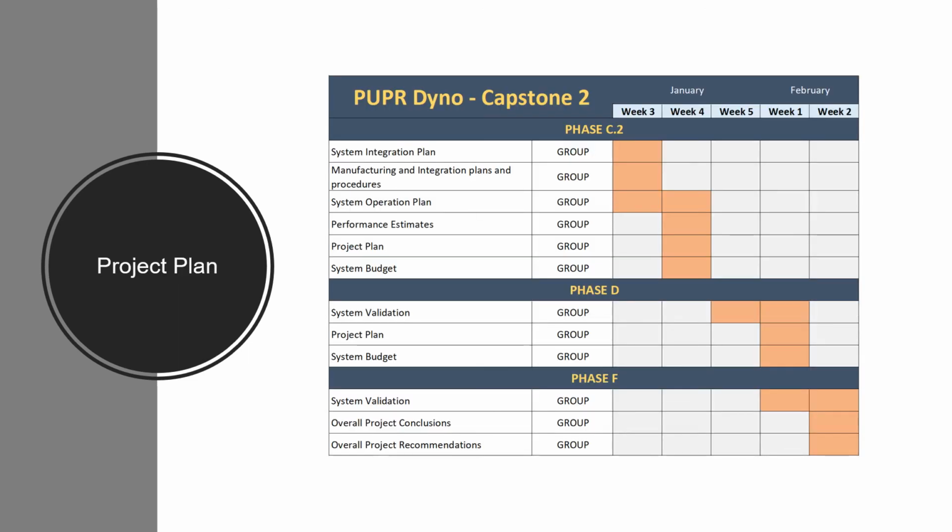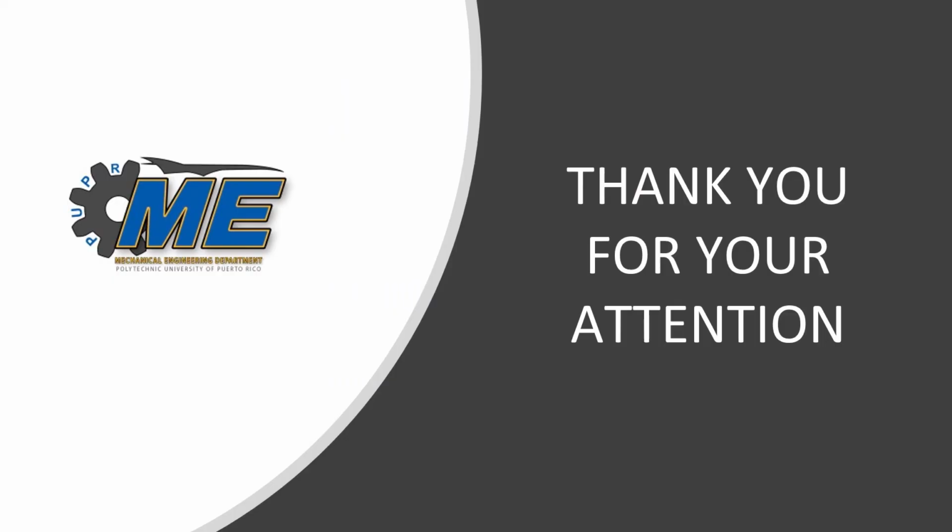And lastly, this is the project plan that we have as a group for the next phases, which is Capstone 2. As said earlier, we send an email to the professor with the date that we're going to do our next presentation, which is phase C2. Thank you very much for your attention. Have a good day.